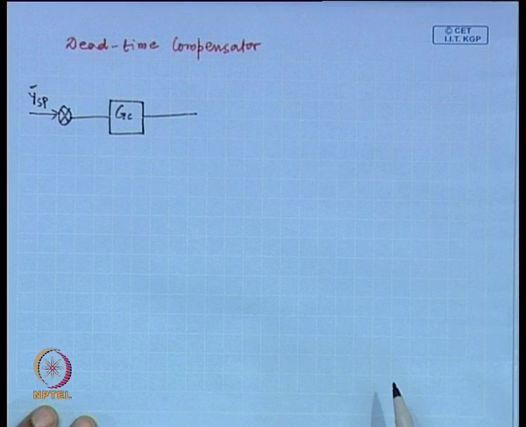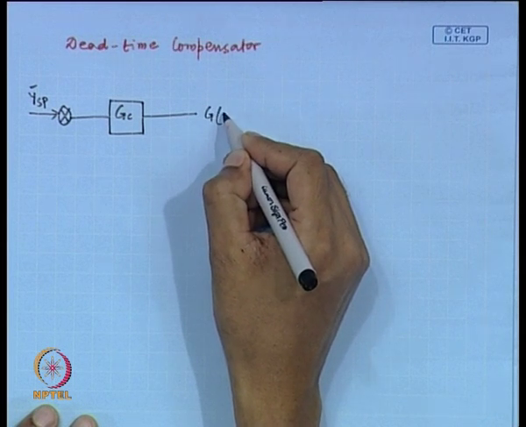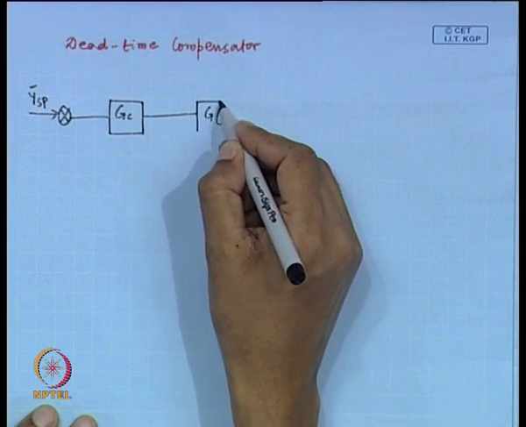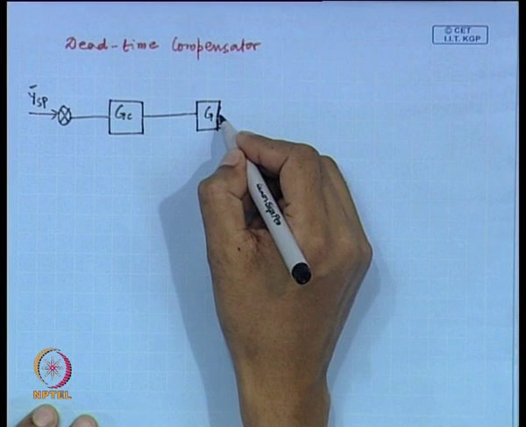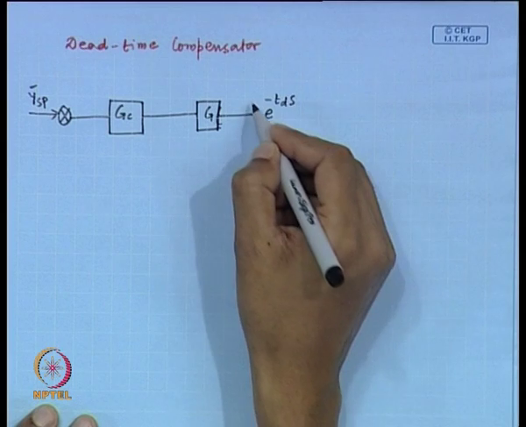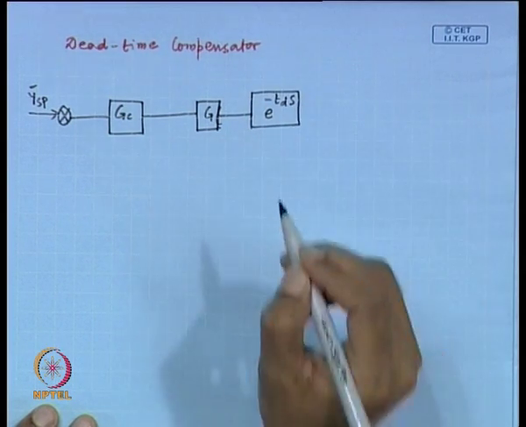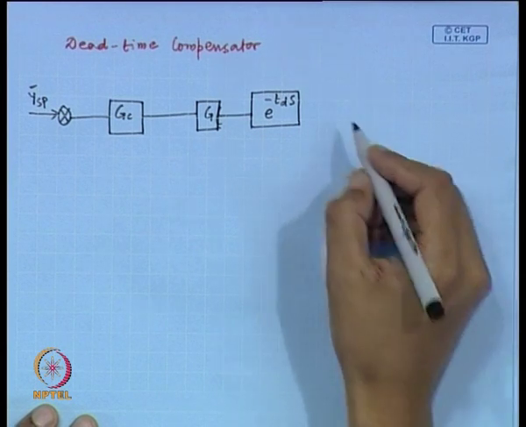We are assuming Gf and Gm both are 1. This is the process.